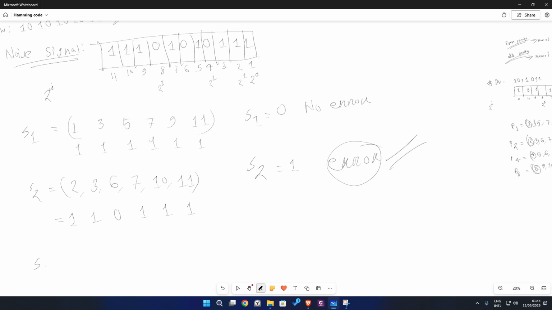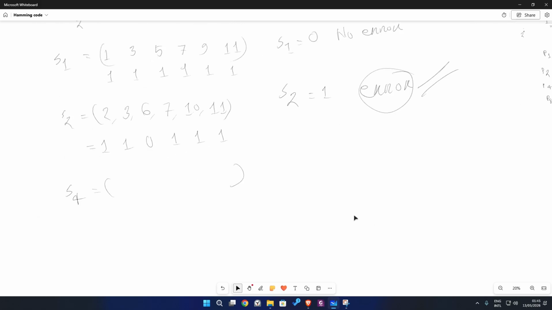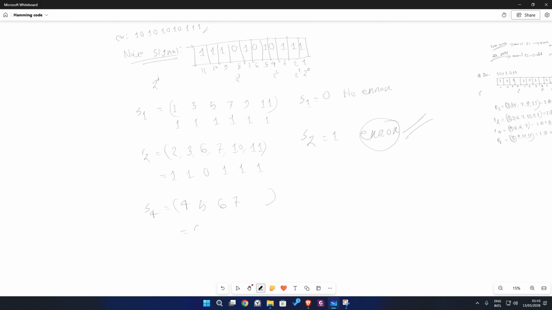So what will be S4 then? For S4 we will consider 4 5 6 7. We are basically doing the XOR operation here. For 4 5 6 7, the fourth position we are seeing 0, the fifth position 1, sixth position 0 again, and seventh position 1. So S4 will be, if we XOR them, 0.